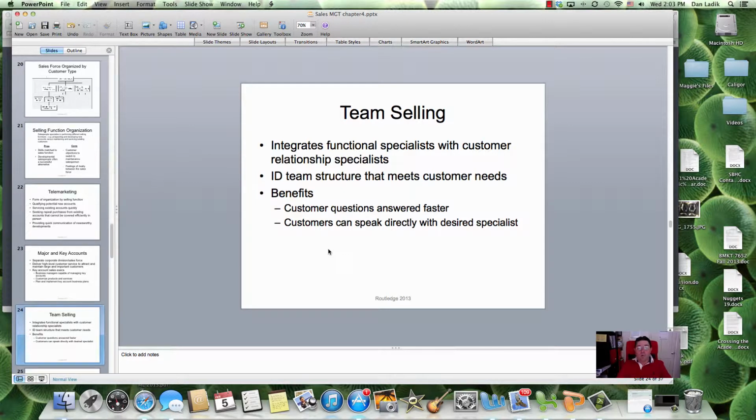Although one individual might be doing the majority of the pitch, the other people add various contributions to help sell the account. But then after the account becomes a client, they have a team that helps them with regards to customer service, technical support, and all kinds of things along those lines.